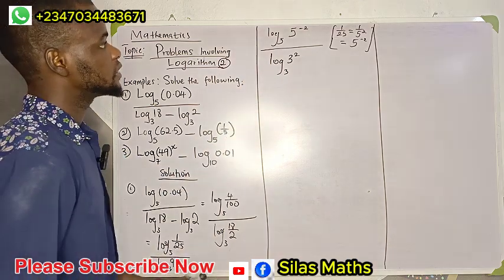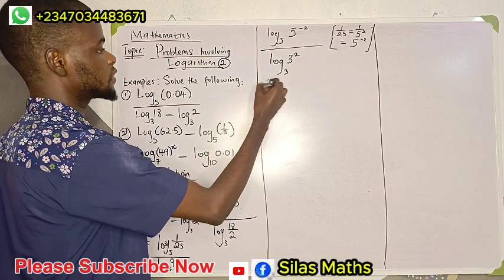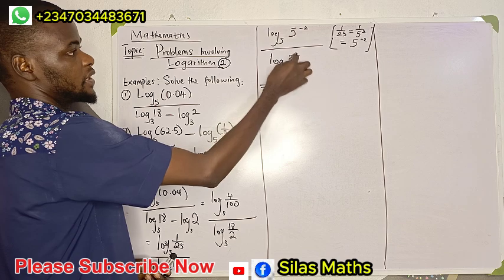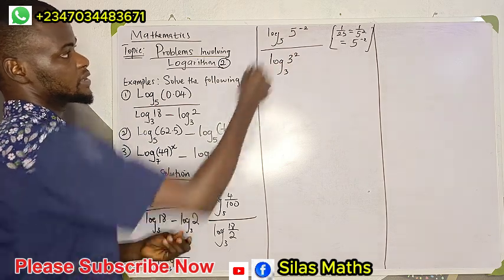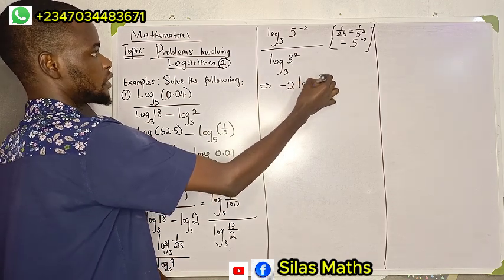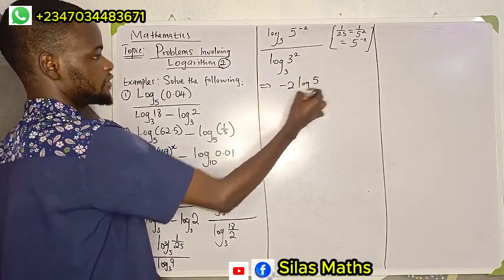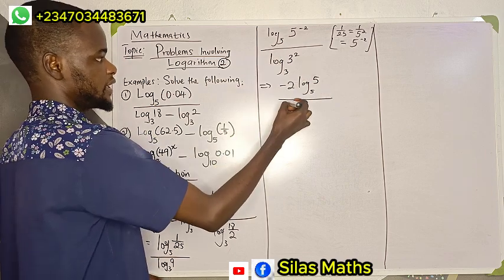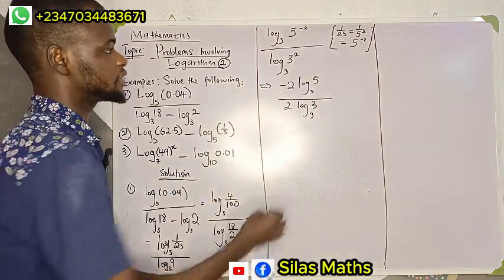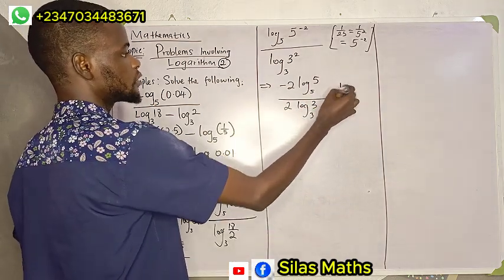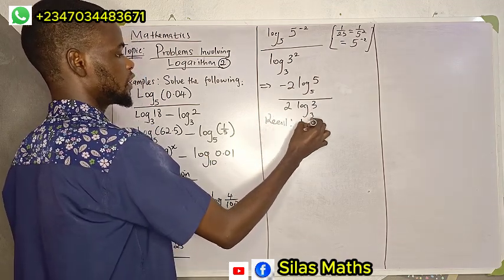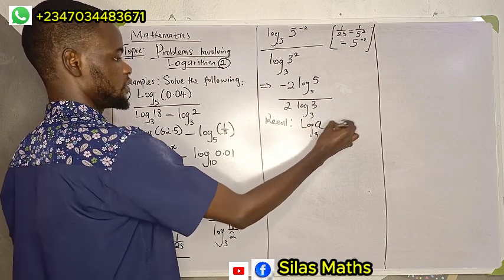Applying one of the laws, these 2 will multiply the logarithm here, while these 2 also will multiply this. The negative 2 will multiply the whole of the log, so I have minus 2 times log 5 base 5 all over 2 times log 3 base 3. You recall that log a base a is equal to 1, right?